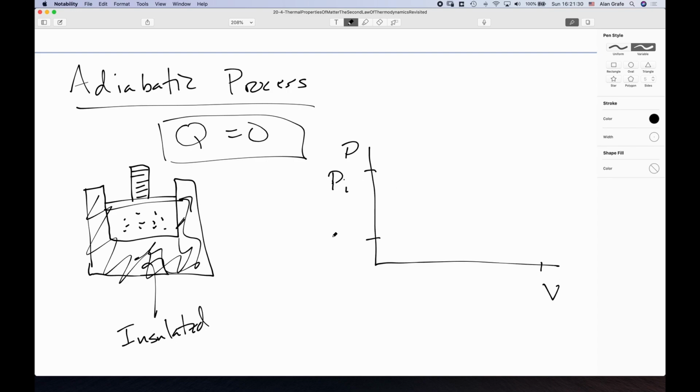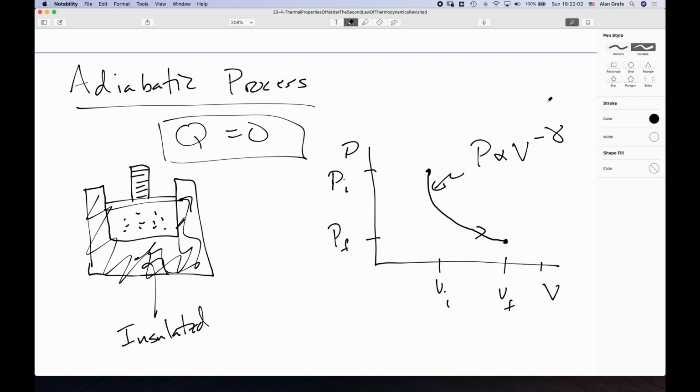So let's say for this example where we had an expansion, the pressure will drop because we took coins off. That made the pressure lower. And the volume increased because the piston went up as a result. So we can start here and go here. And like I said, it looks isothermal, but it's not. It goes as V to the negative gamma.